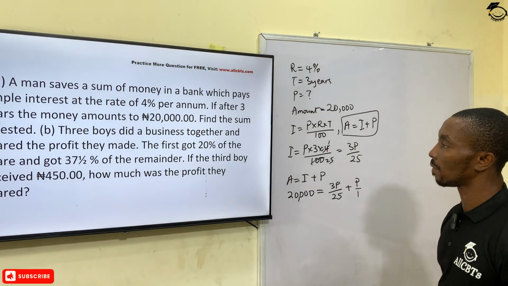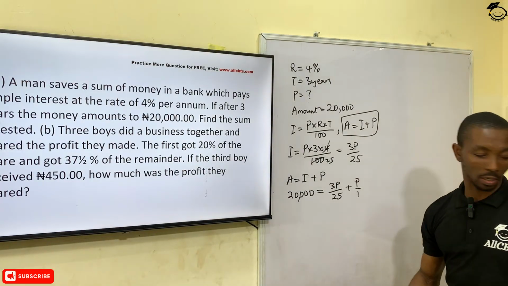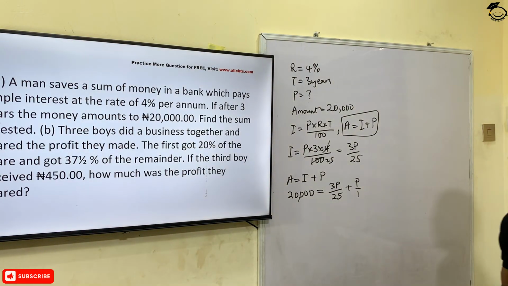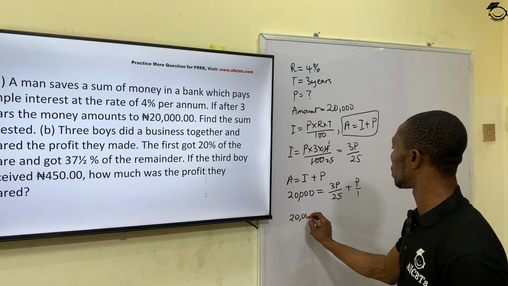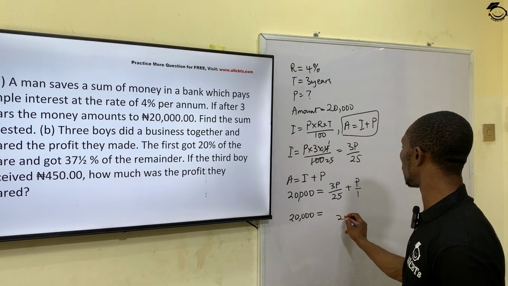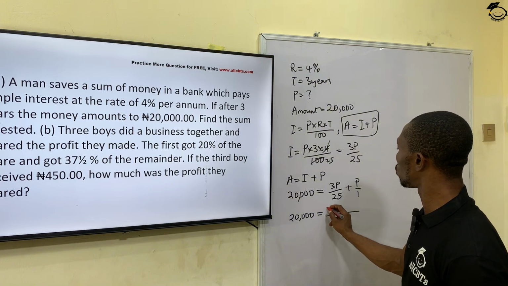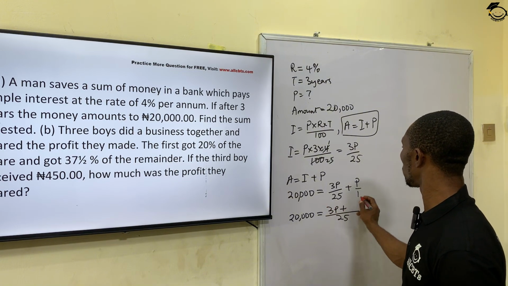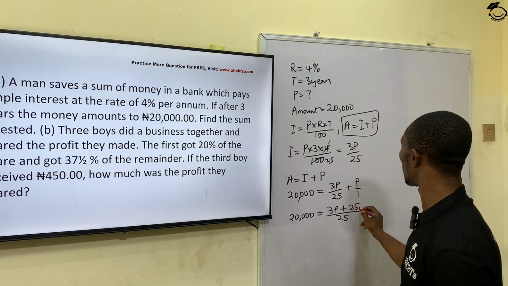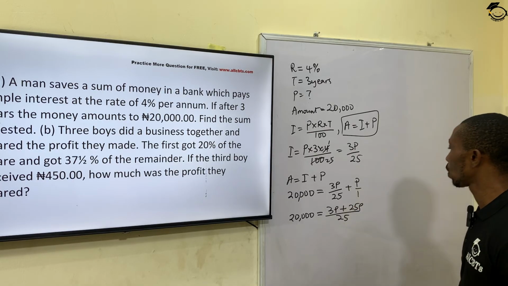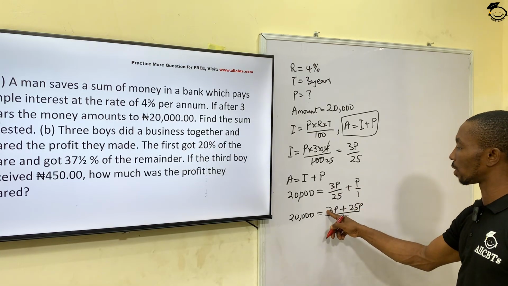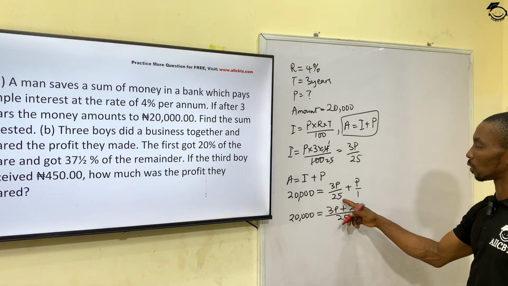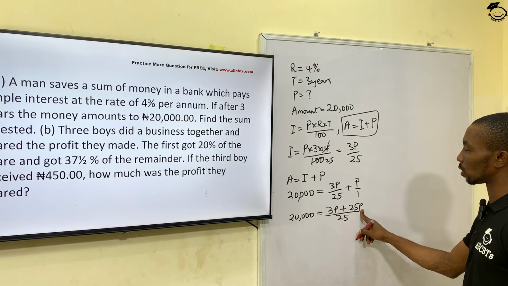Now we can find our LCM of this. Our LCM will be 25. This will give us 20,000 equals 25 into 3p plus 25p. 25 into 25 is 1, 1 times 3 will give us 3p. 1 into 25 is 25, 25 times p will give us 25p.